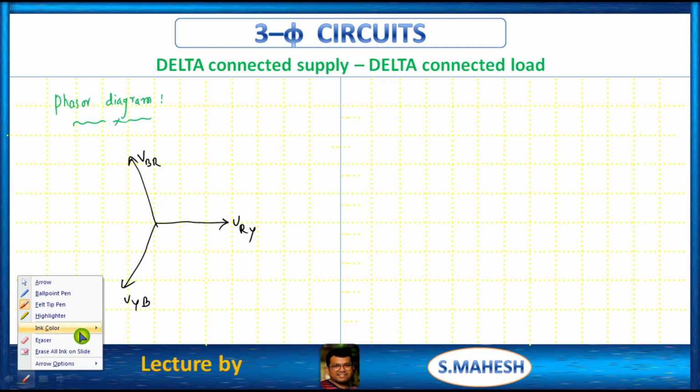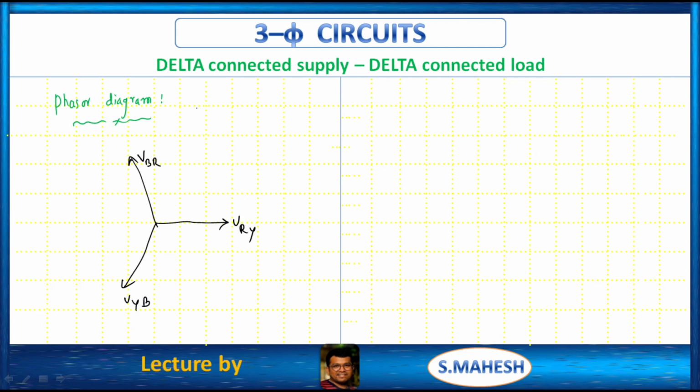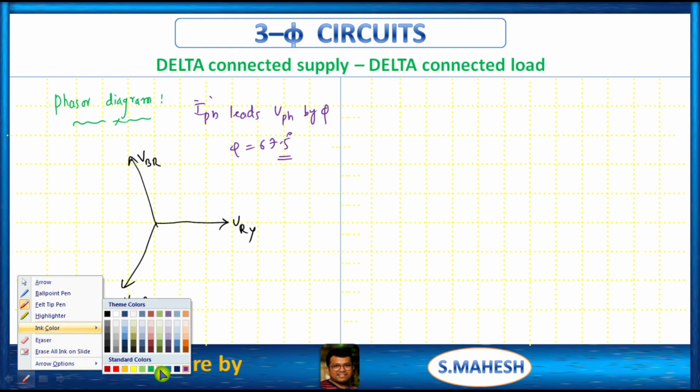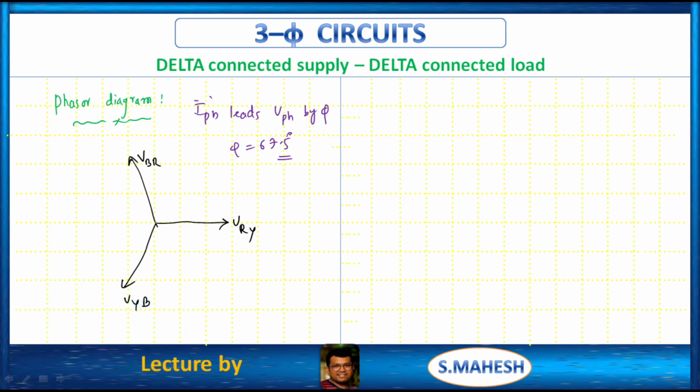I phase is V phase by Z, so the angle phi is 67.5. This is IRY, the angle between phase current and phase voltage.